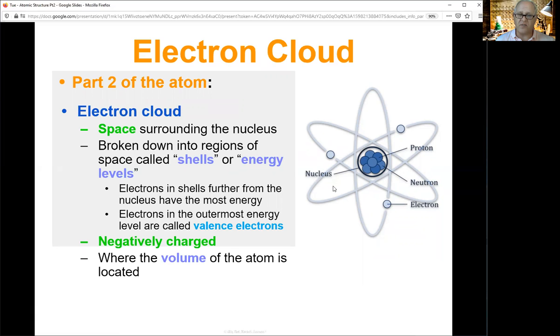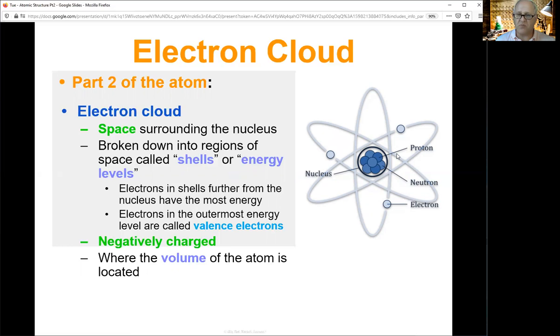Shells or energy levels. The electrons in shells further away from the nucleus have the most energy, and the electrons on the outermost energy levels are called valence electrons, and they have the least amount of energy.